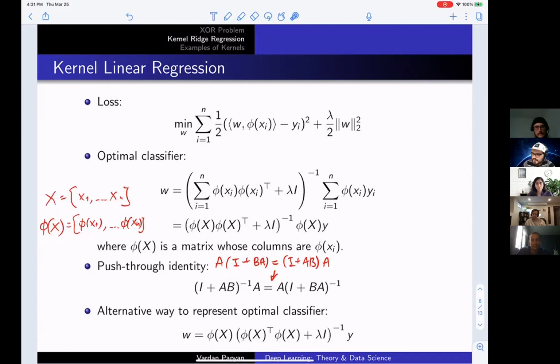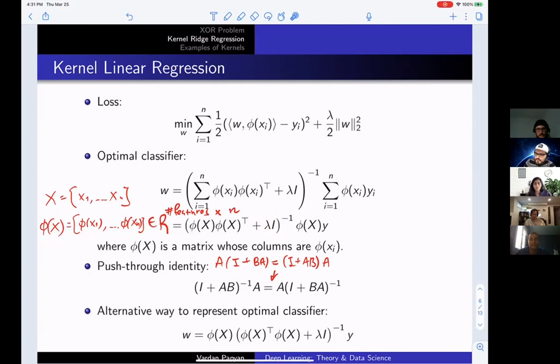So now the dimensions of the matrix we're trying to invert are the dimensions of this matrix. Let us write explicitly what the dimensions are. Let's denote it by number of features times the sample size n. So that's the dimension of phi of x. Originally, we had to invert a matrix of size number of features times number of features.